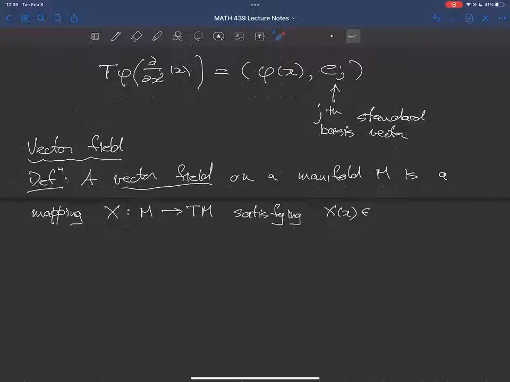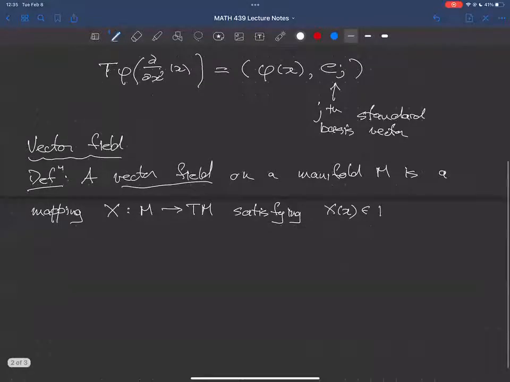But the point is that if it's a vector field, it doesn't just give you a tangent vector somewhere, it gives you a tangent vector at x. In other words, very simply, it assigns to every point in M a tangent vector at that point.